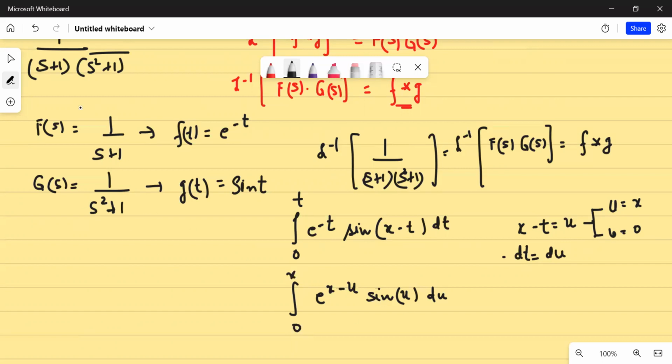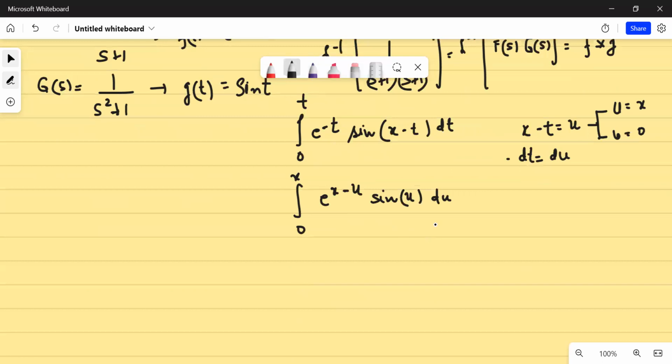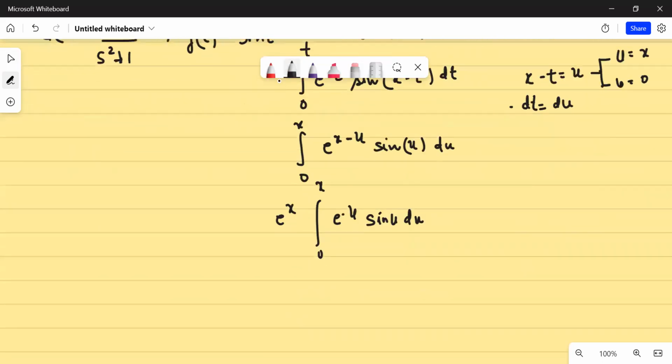Now this is being integrated from 0 to x, and e to power x obviously does not depend upon u, so it will get outside, e to power minus u sine u. And what would be this integration? This integration is quite easy to see. I'll write it here.